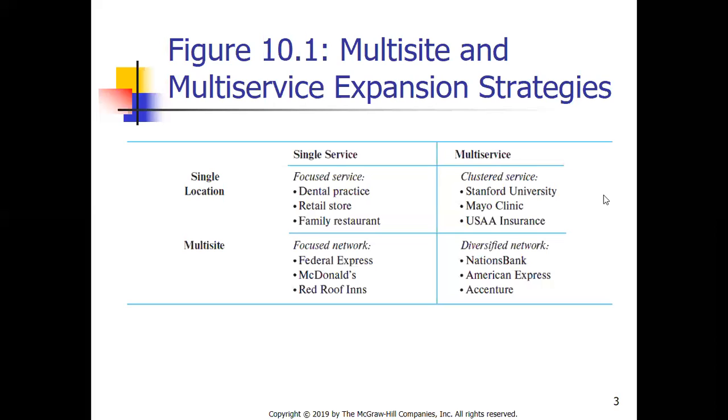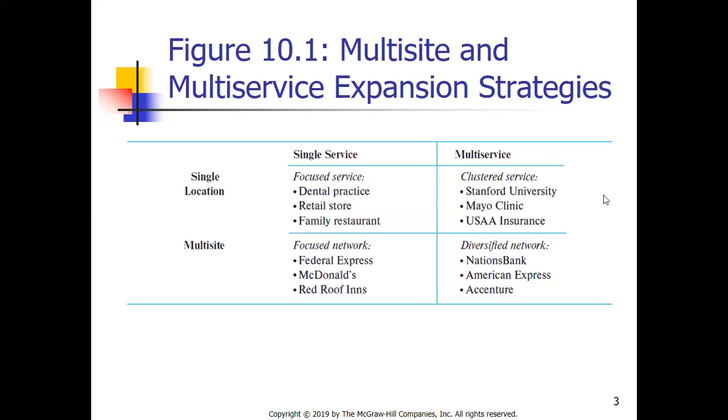And you have multi-service and multi-site. You diversify your network. So basically you can grow through acquisition. Maybe you bought over a company, or maybe you can have a merger with another company to offer your service in another country.